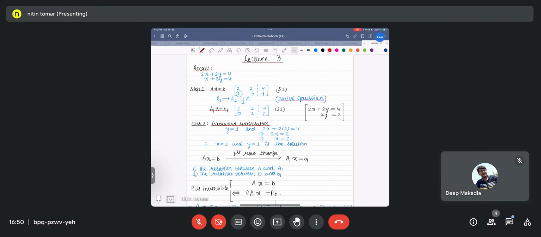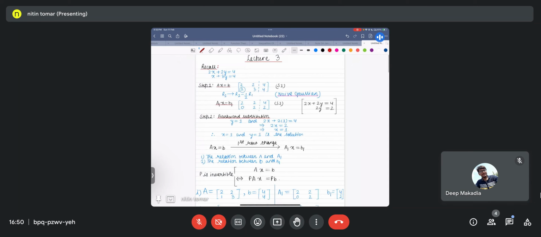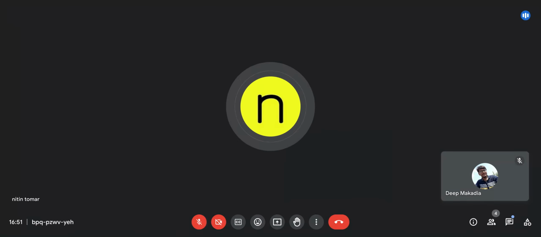Whatever notepad you are being shown, I'm able to write on that screen and it is shown to you. Otherwise, for a simpler system, you can buy a notepad and connect it to your computer or laptop and you will be able to write. And to share what you do, you open your Google Meet, like this. I'm showing you. Then you go here. Can you see the share screen option?